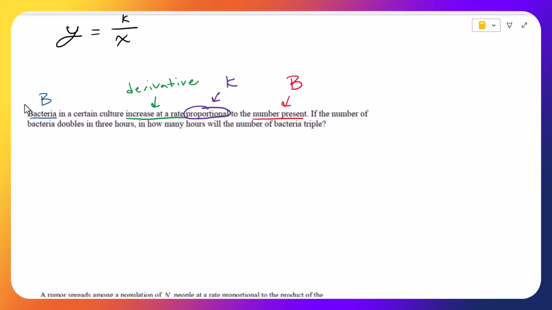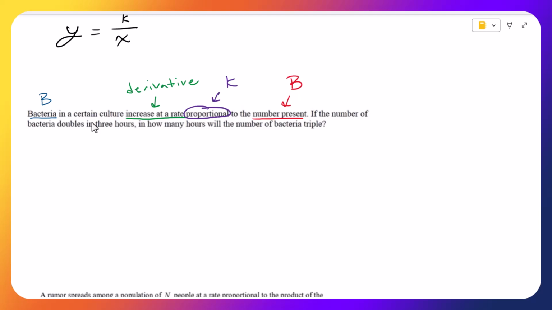So, bacteria in a certain culture increase at a rate proportional to the number present. The only other thing that I kind of want to note from this is it's talking about time. The number of bacteria doubles in 3 hours. How many hours? This is our kind of clue that it's talking about time.